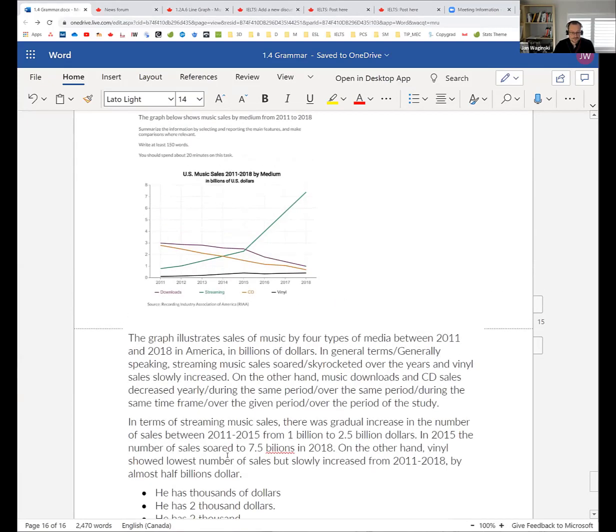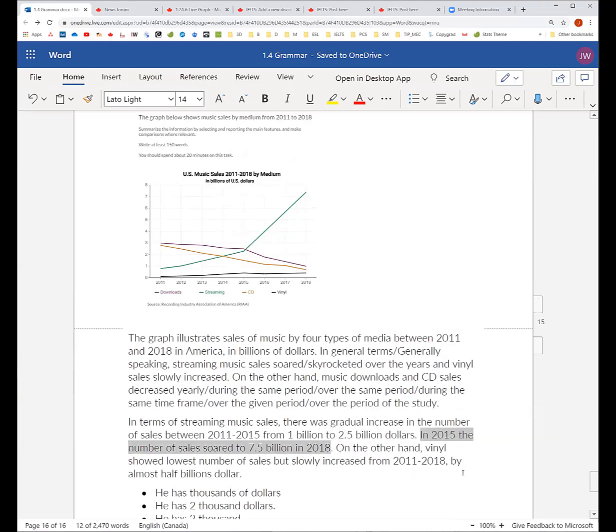Good. So to $7 billion. Yeah, so you've already said dollars. It's completely clear from the context that we're talking about dollars. So we don't need to say it again. In 2015, the number of sales soared to 2.5. Okay, what's the issue? No need to write it?